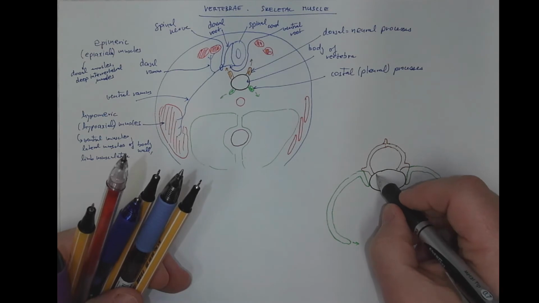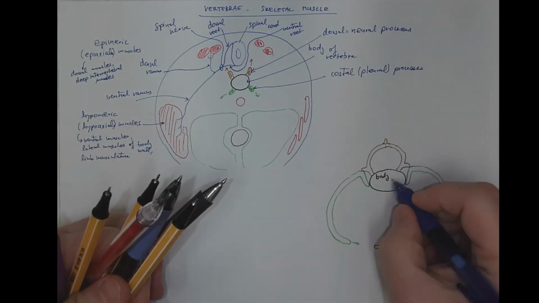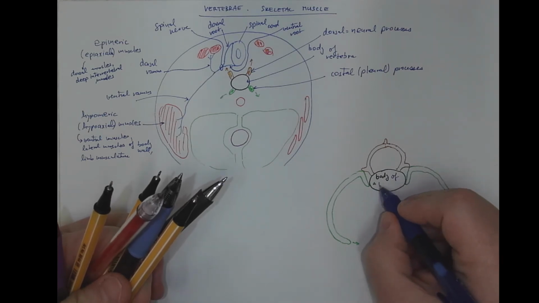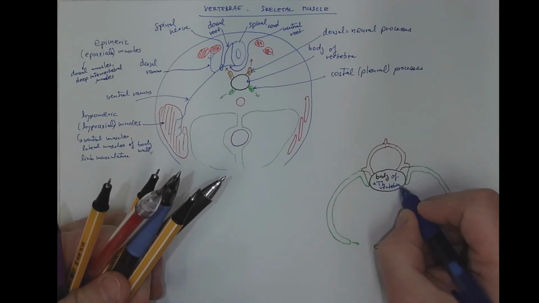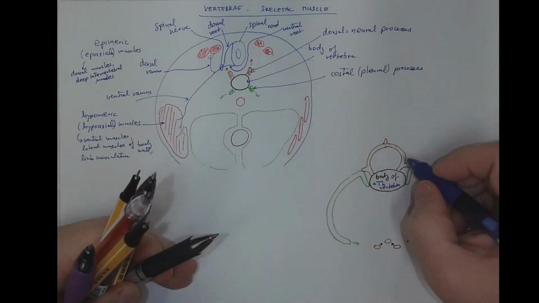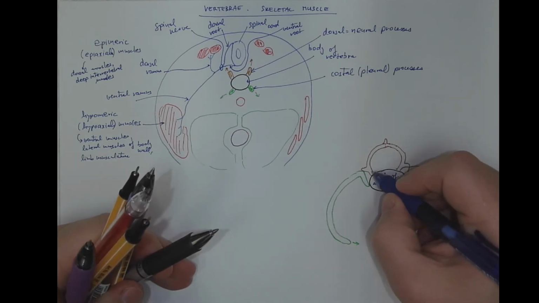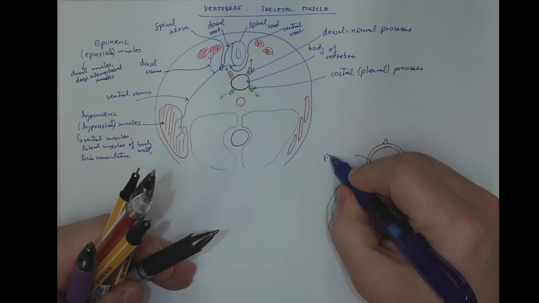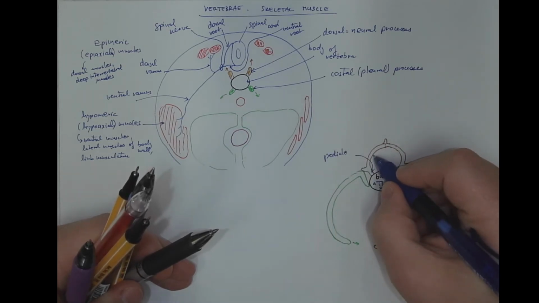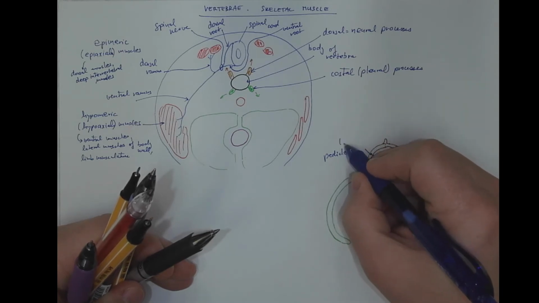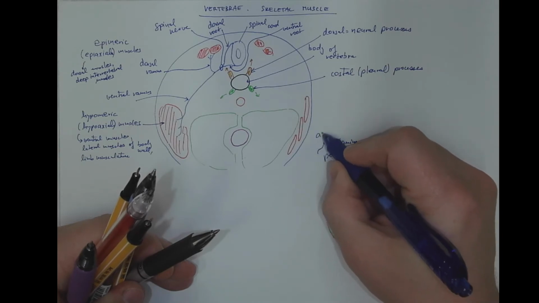So this is a body of a thoracic vertebra. This is a pedicle. This is the lamina. Together forming the arc.